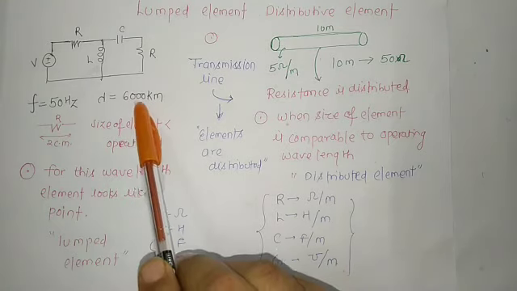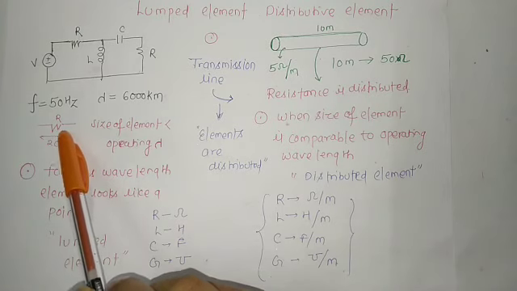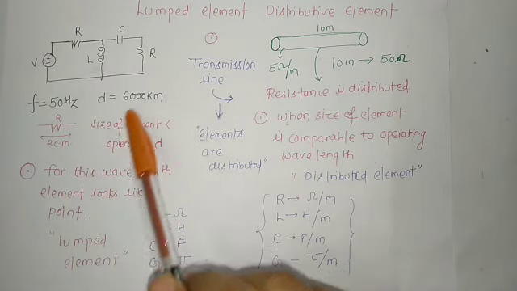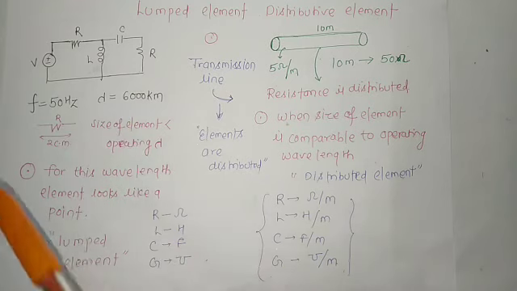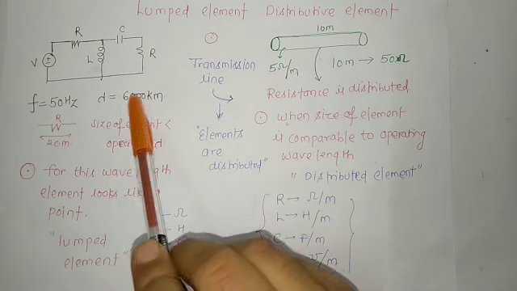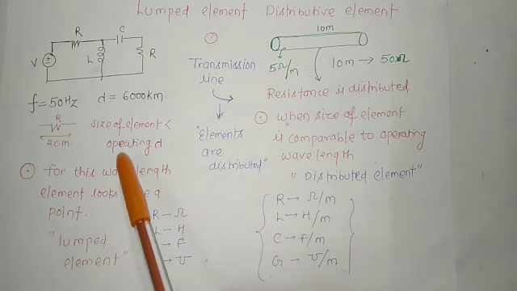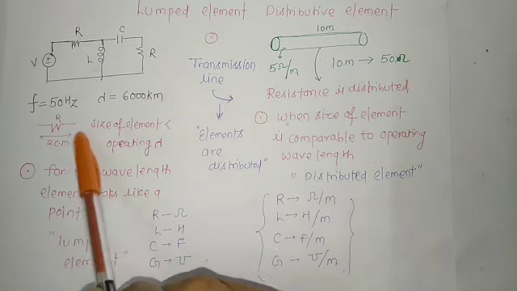For this wavelength, the size of the resistance is very small. Can I say for this wavelength this resistance will look like a point? From these two values I can say that the operating wavelength is very much greater than the size of the element.